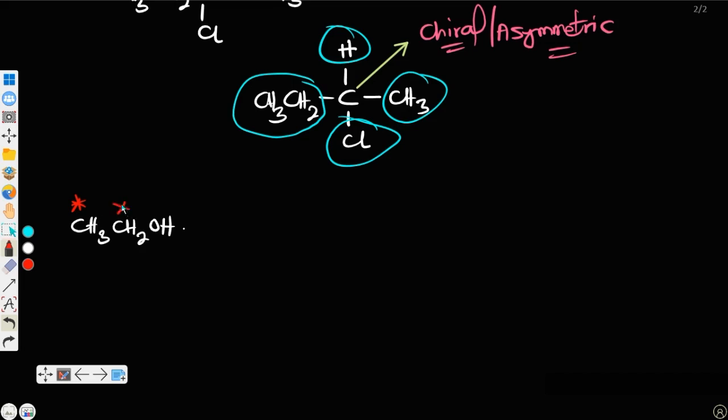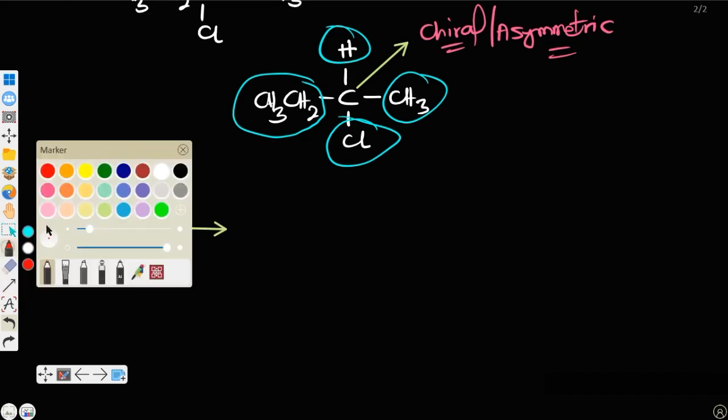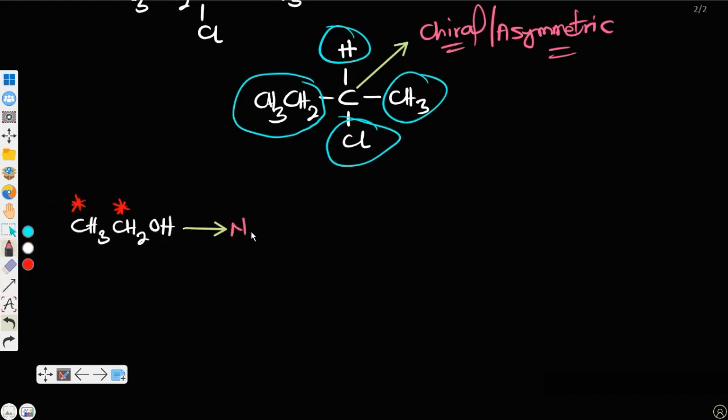This carbon here is not chiral, because it has 2 hydrogens. Therefore, there's no chiral carbon here. So we can say no chiral carbon, or you can say it is achiral.